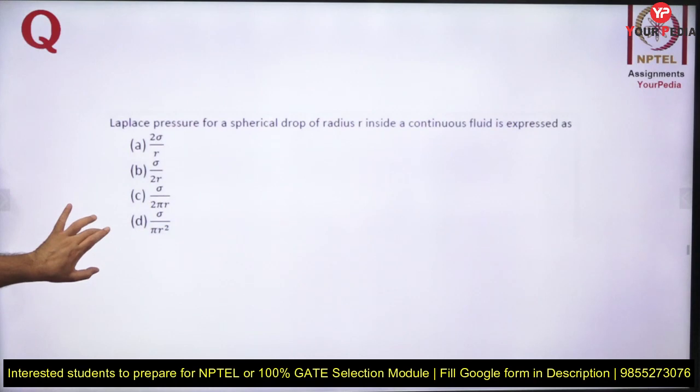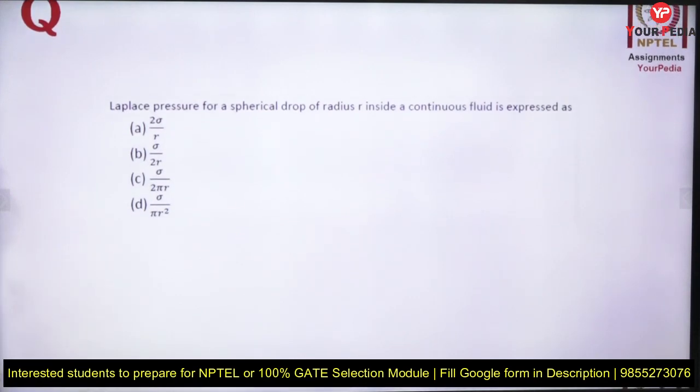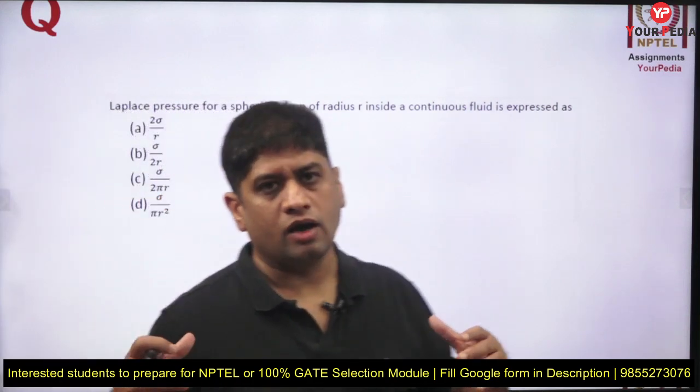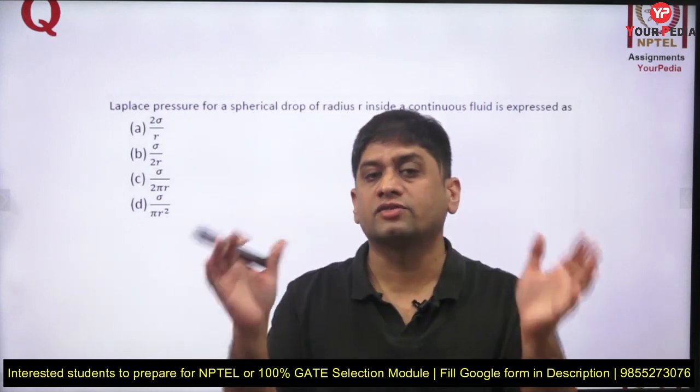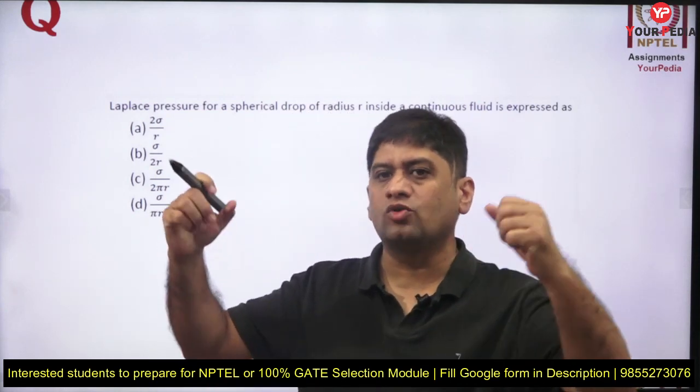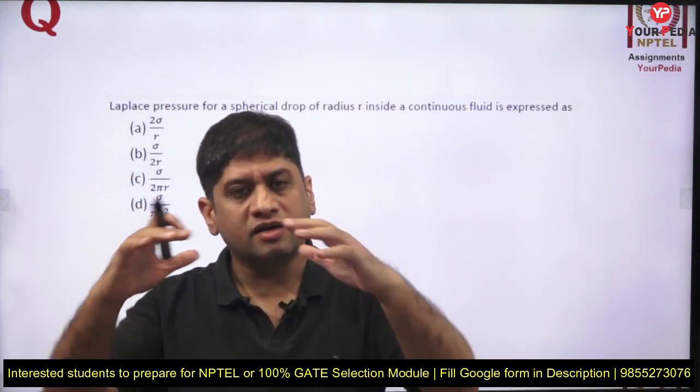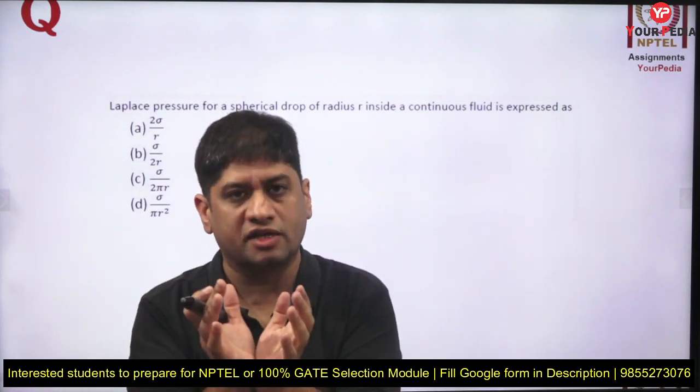Okay, let's go for the next question now. What is Laplace pressure? We did surface tension in the previous class. The pressure in a spherical drop is because of surface tension, which is observed by the surface molecules, and those molecules try to restrict the entire fluid within minimum surface area.